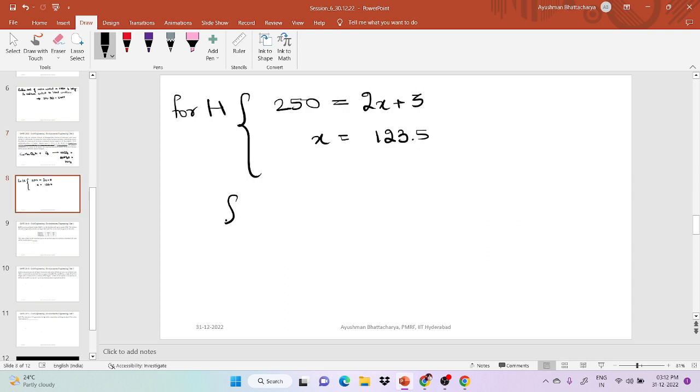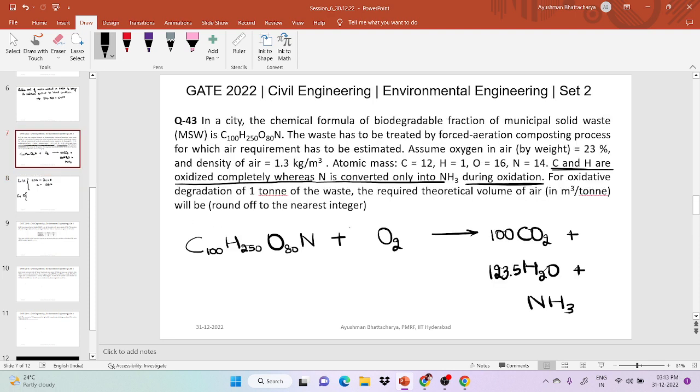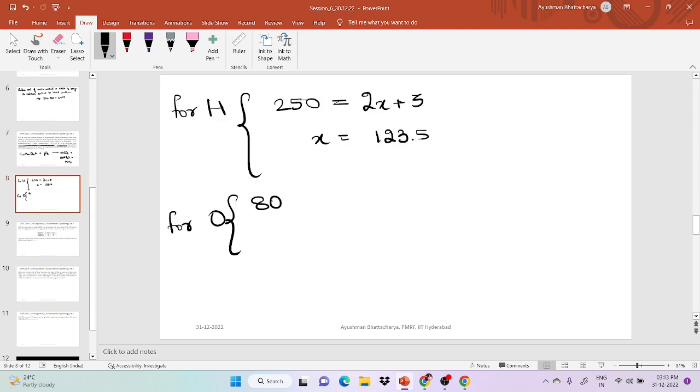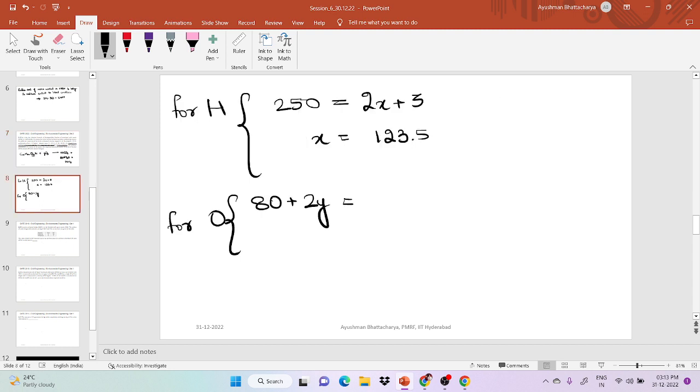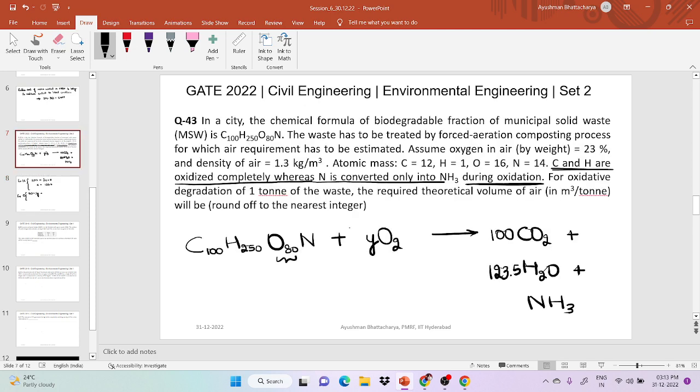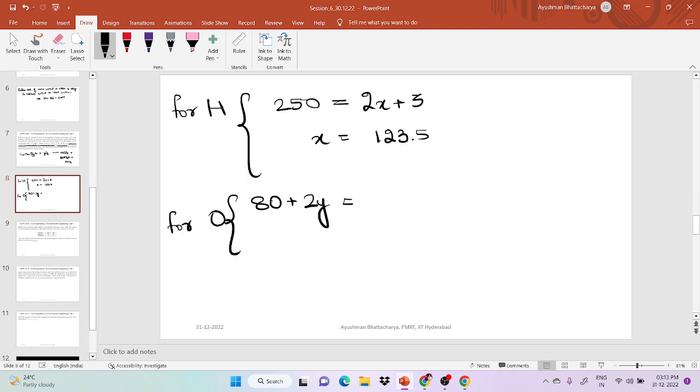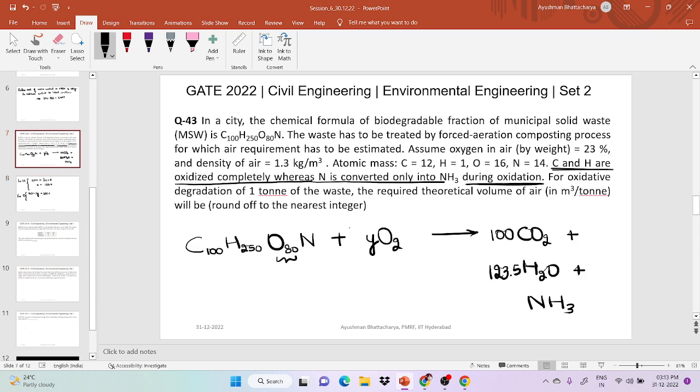Now for the oxygen. Here you can see on the left it is 80, and here it is O2. Let's suppose it is Y. So 80 on the left hand side, then 2Y, is equal to, on the right again O is there, that is 200, plus again O is here, so plus 123.5.